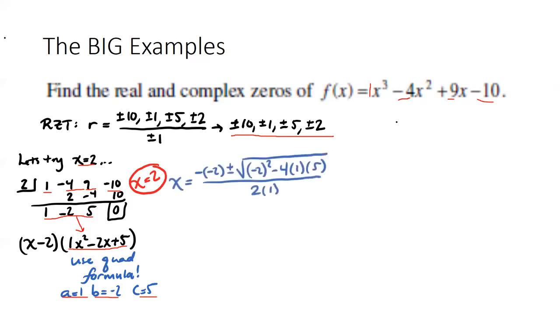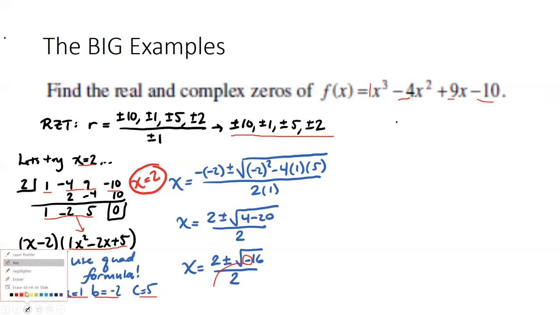All right, now I'm going to use the quadratic formula, and I plug all these things in. What I end up with is 2 plus or minus the square root of negative 16 over 2. That's super problematic. So here's what I'm going to do. Let's rethink this in general.